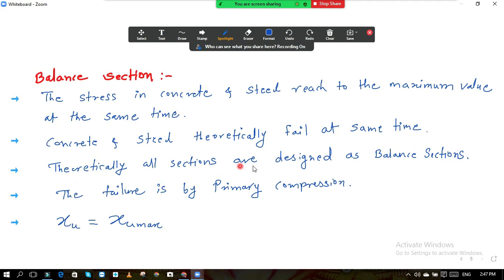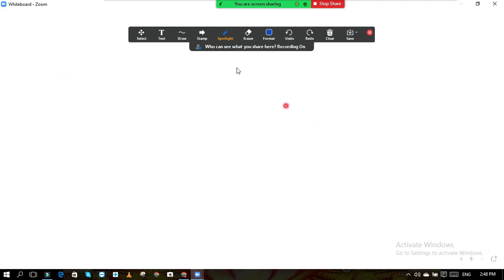Third, theoretically all sections are designed as balanced sections, but practically it is not possible. The failure is by primary compression, due to the compressive stresses. And Xu is equal to Xu max. This is already known to you. In the balanced section, Xu is equal to what? Xu max. Okay. Next.